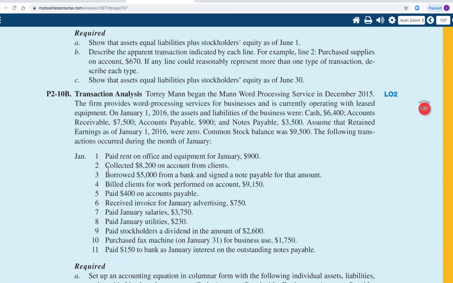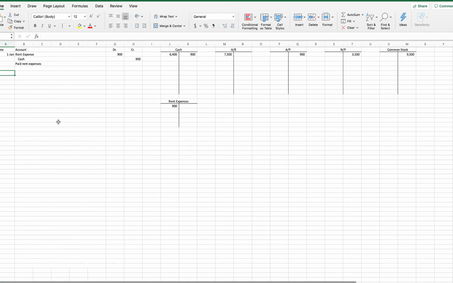In this transaction, we're recognizing that somebody is actually paying us. They don't owe us anything anymore because they're paying us. So we need to increase our cash and decrease that accounts receivable.